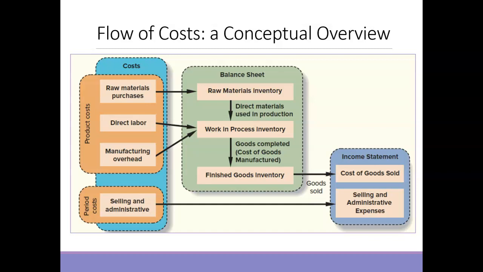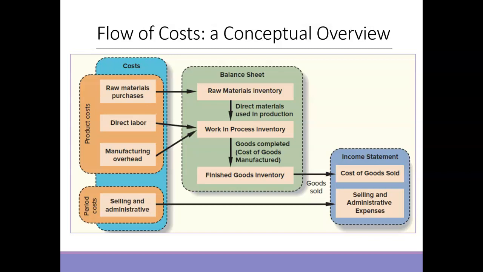This job is being worked on now. It will stay in work in process and it will accumulate other costs while it's in work in process. It will accumulate direct materials and it will accumulate manufacturing overhead.